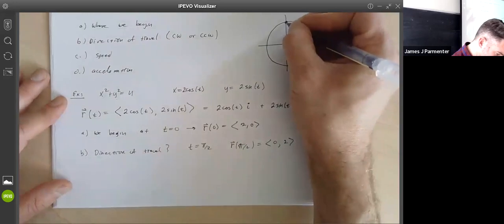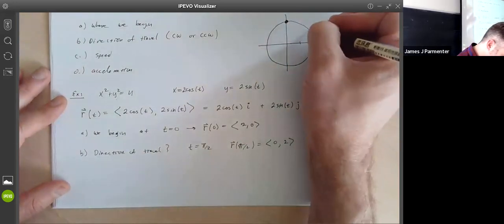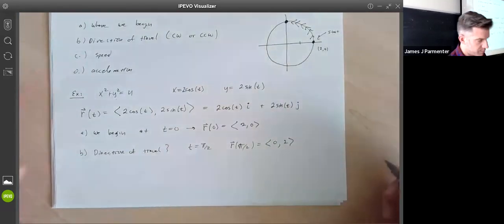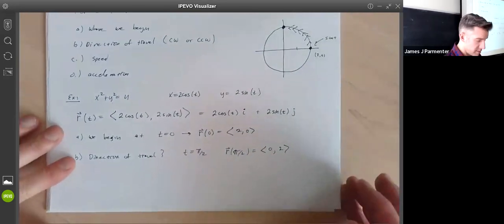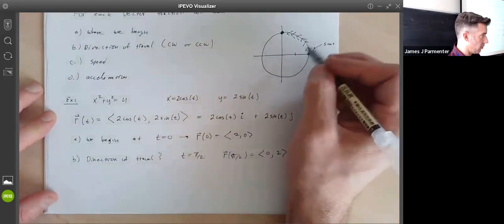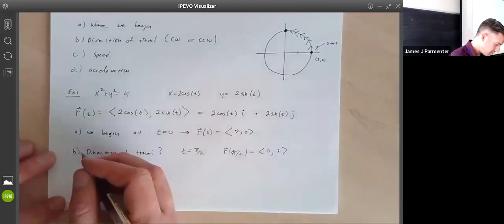So I'm going to move up here. So it looks like I'm traveling in the counterclockwise direction. If you wanted to check a few more values, like pi over 6, pi over 4, pi over 3, to see that, oh yeah, we are really moving in that direction, you could. But I don't think we need to.